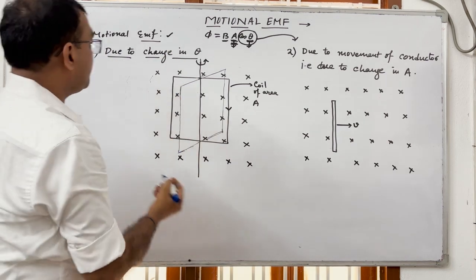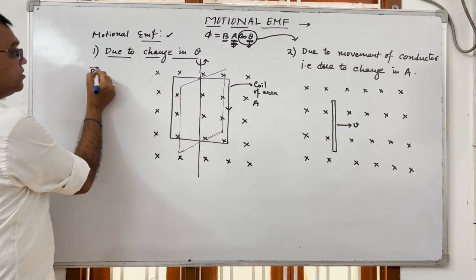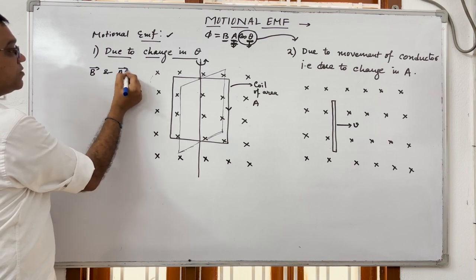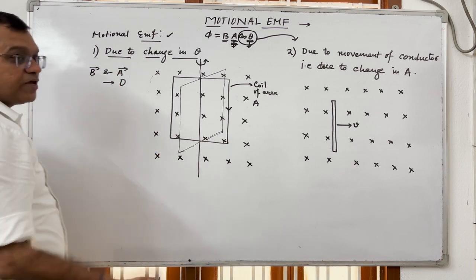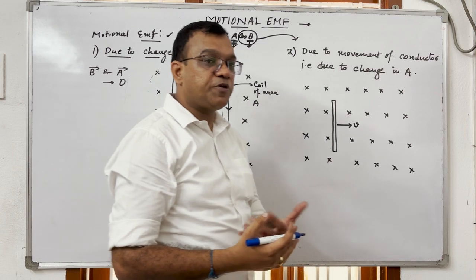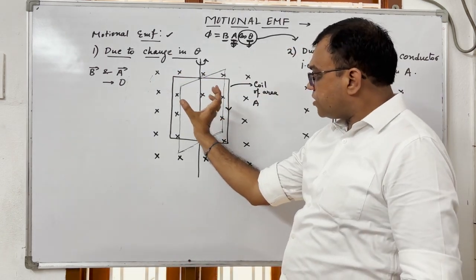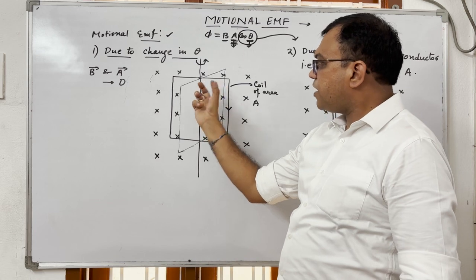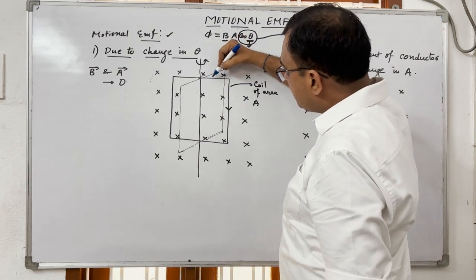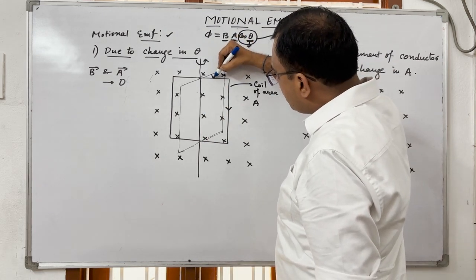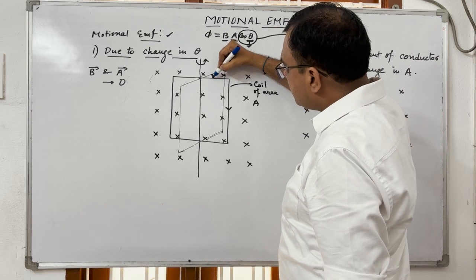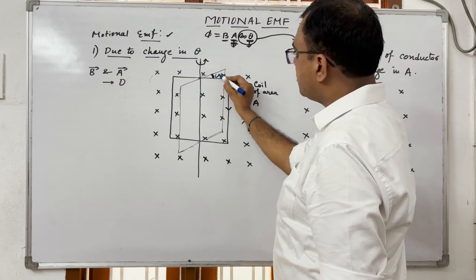So the angle between area vector and magnetic field is 0. At t equal to 0, the angle between the magnetic field and the area vector is 0. Now we start rotating this coil, and at any moment, let us say the angle between the magnetic field and the area vector becomes theta.